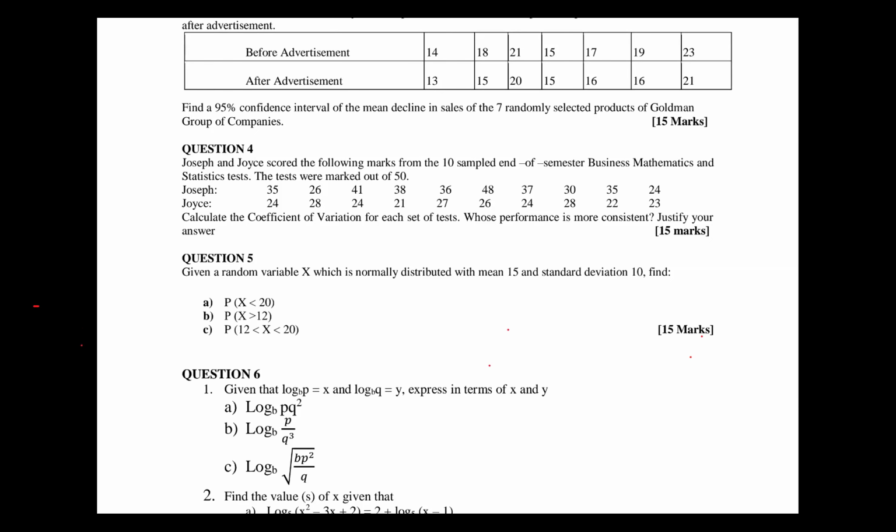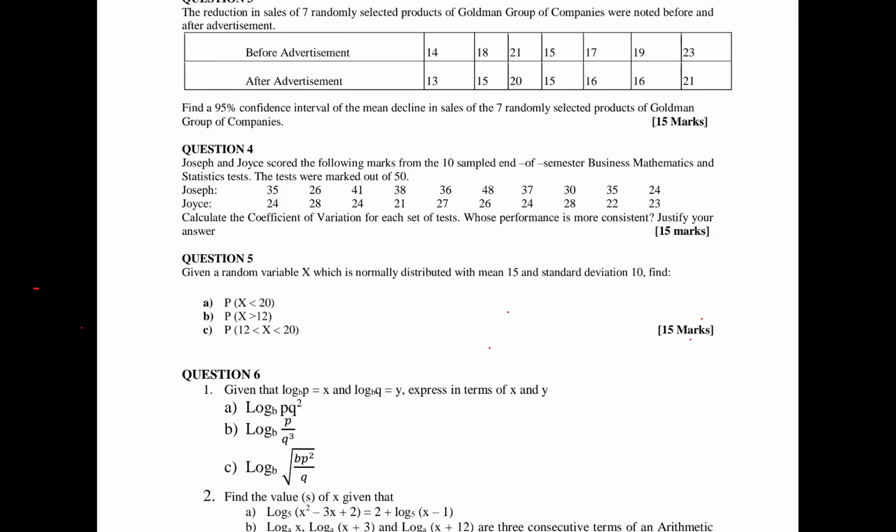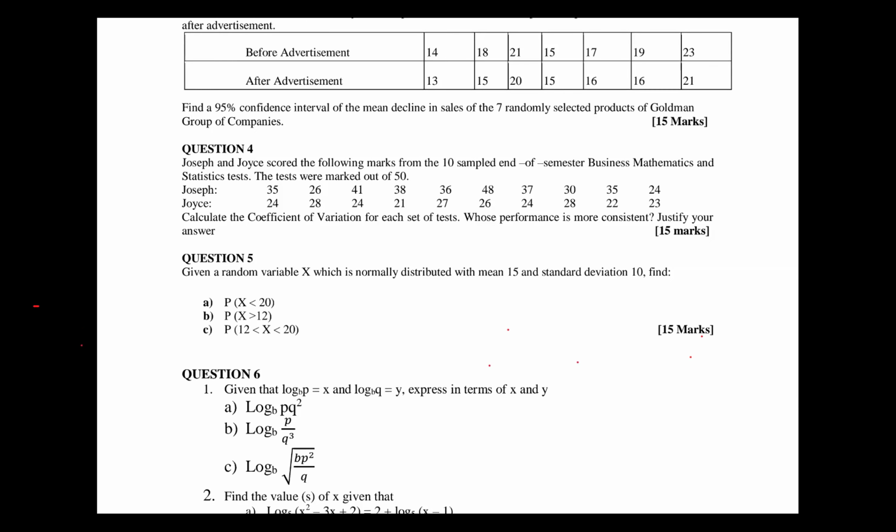Now listen, we are just required to do the coefficient of variation. It is important to note that the coefficient of variation is given as the standard deviation divided by the mean, basically the standard deviation divided by the mean times 100. That gives us the coefficient of variation.